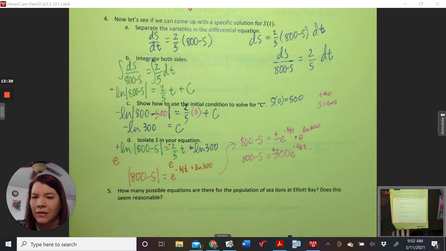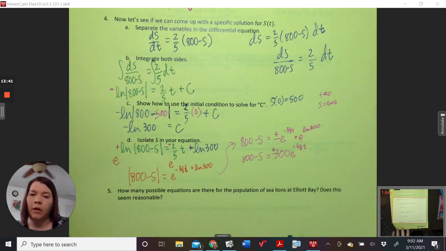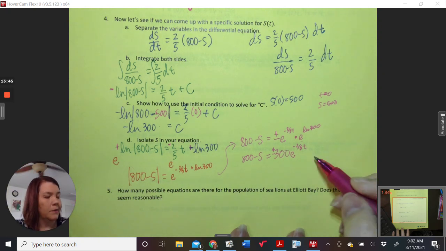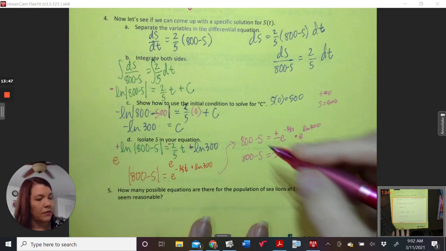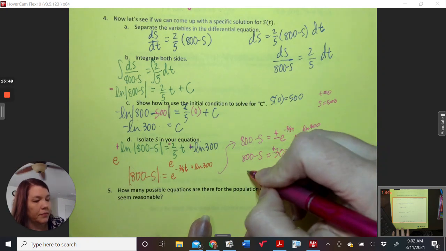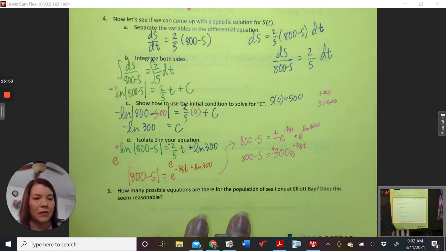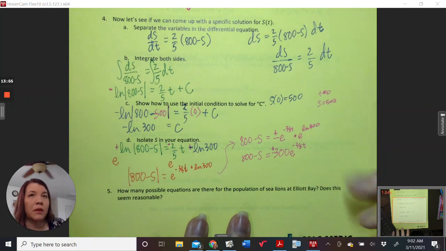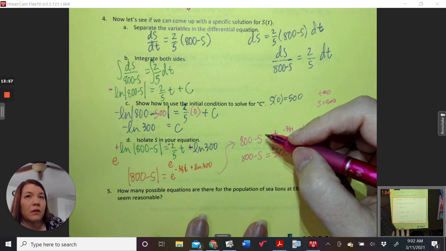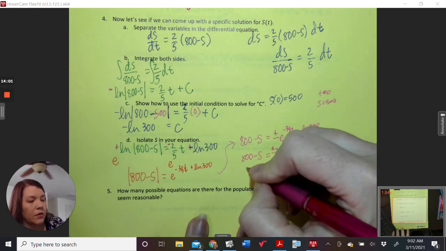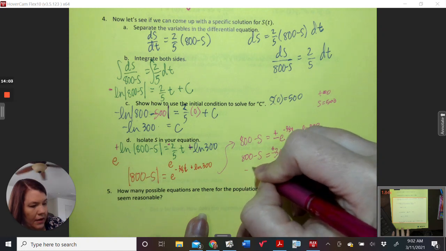And so I'm going to get s alone. I'm going to subtract 800 from both sides and change the signs. It's going to be a little bit weird, so we'll go slow. Negative s equals negative 800 plus or minus 300 e to the negative 2/5 t.